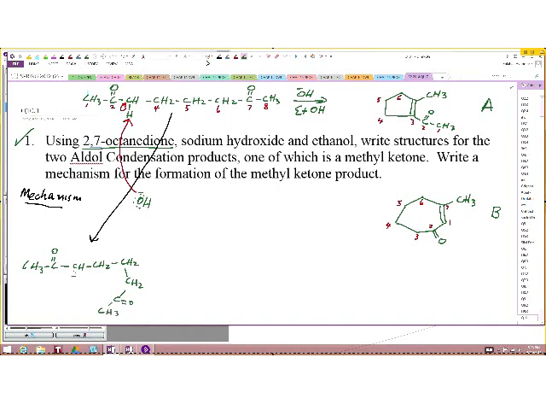Okay, and then what happens next? The enolate will attack which carbon? Carbon number 7. Very good. Because this carbon here will be your nucleophilic carbon, and the carbonyl carbon here will be your electrophilic carbon.